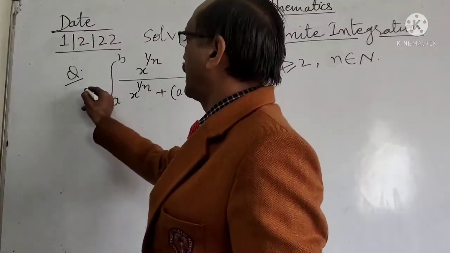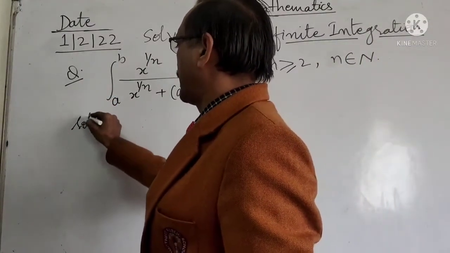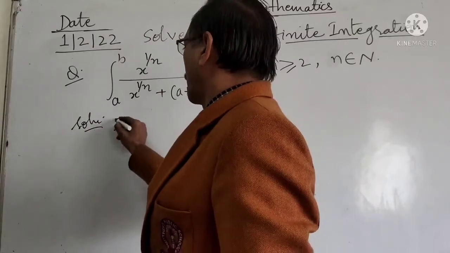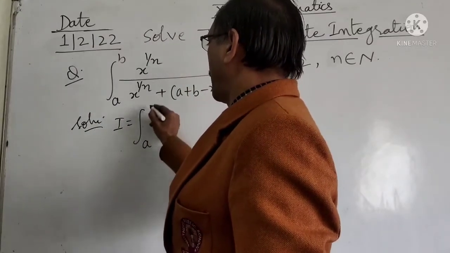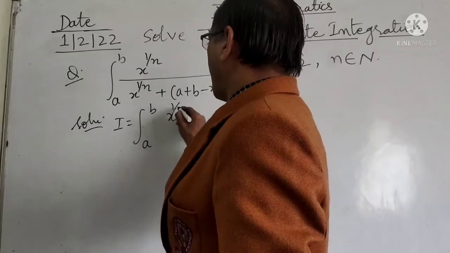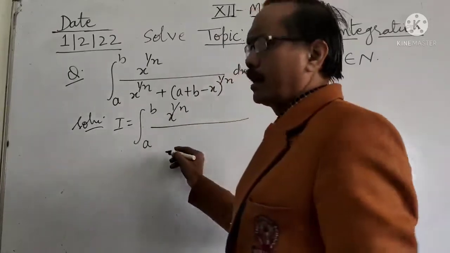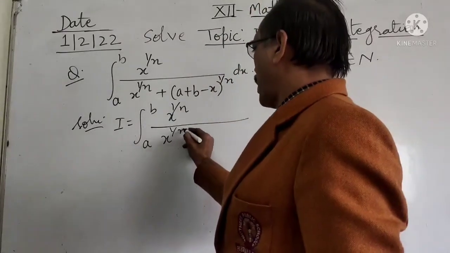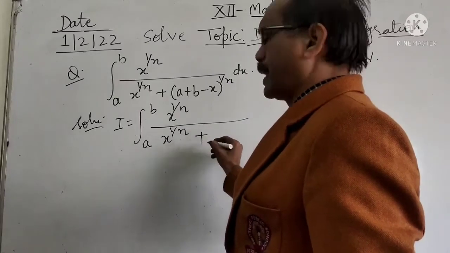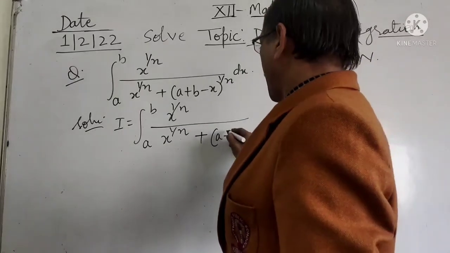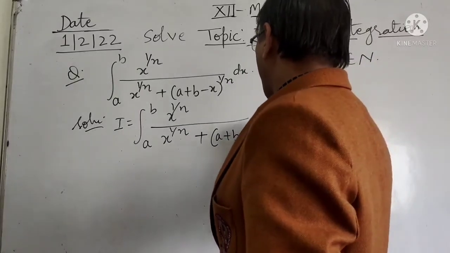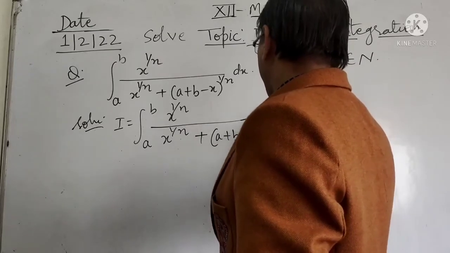Let this integration be I. So I equals integral a to b x power 1 upon n upon x power 1 by n plus (a plus b minus x) whole power 1 by n dx.